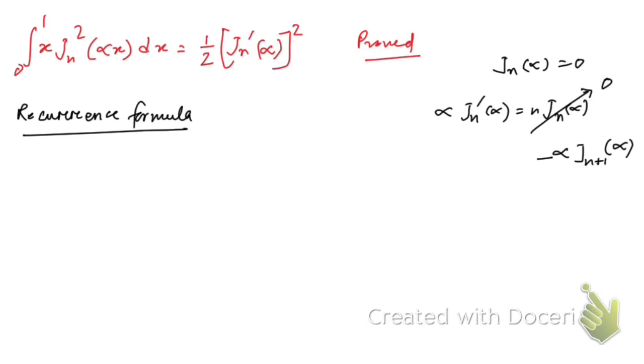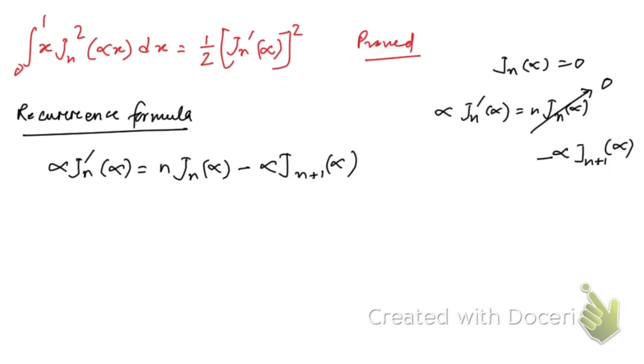Earlier we have got this formula in terms of x, right? x Jn dash of x is equal to n Jn x minus x into Jn plus 1 of x. Okay, we have got this. Now let me replace all the x by alpha. Let me write this same formula in terms of alpha. So we're gonna have this result, right?